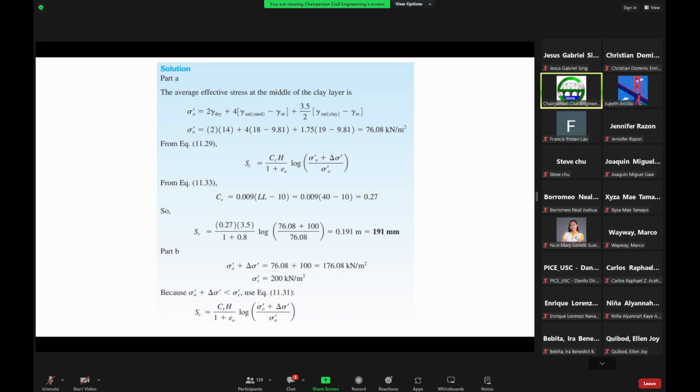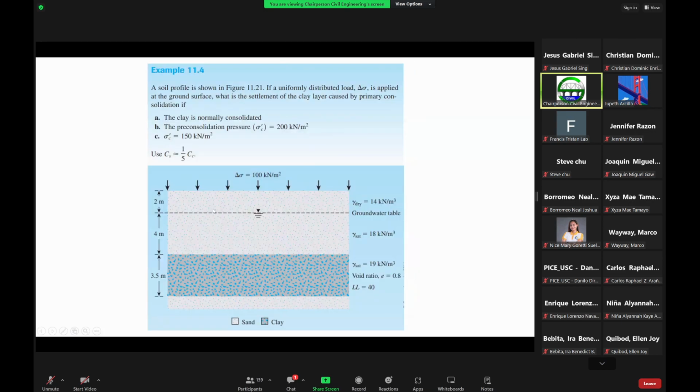Now, for part B, you are given a pre-consolidation pressure of 200 kilopascals. That means for part B and part C, we are dealing with over-consolidated clay, wherein you have some pre-consolidation pressures.